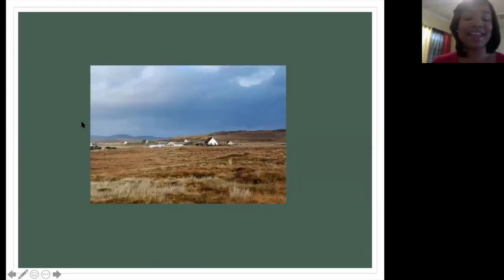Okay. Last but not least, despite being small in size, we have not forgotten it. So this type of settlement pattern is found in farmland areas. Marsha says isolated.